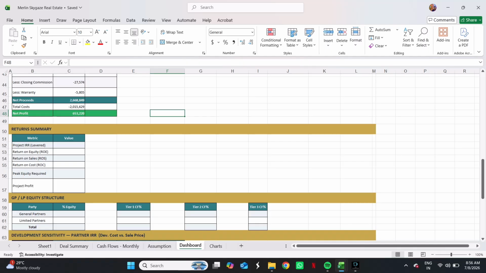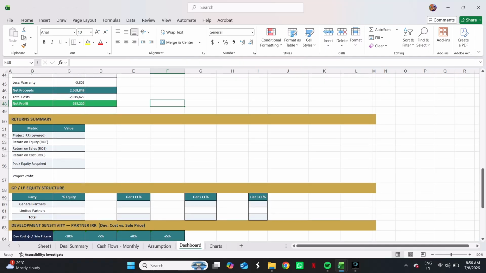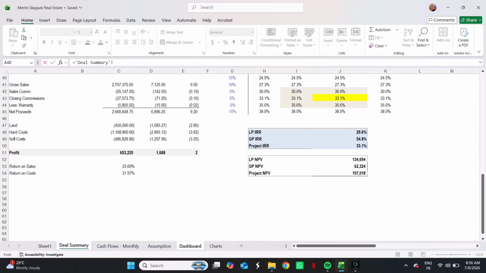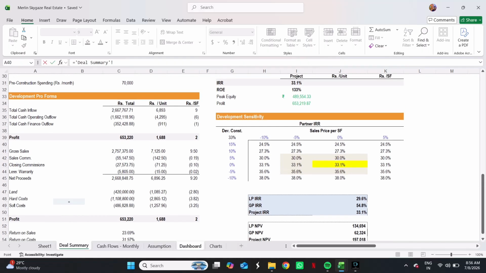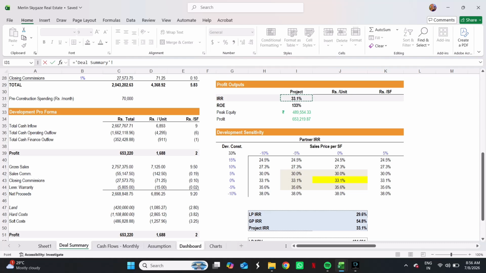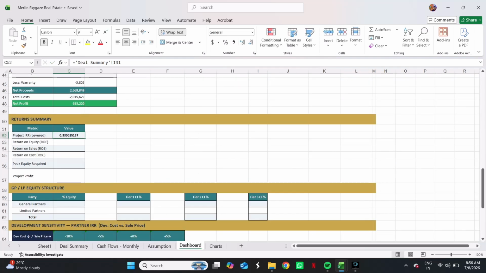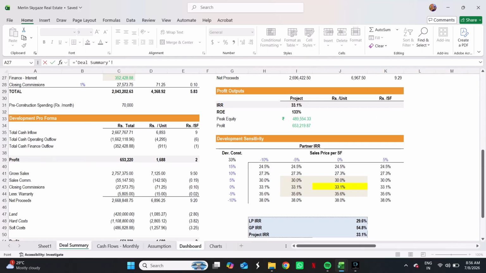Then we will move on to the return summary. We already calculated the projected IRR, which is 33.1%. Done. Doing percentage. Then we move on to return on equity, which is 133%.